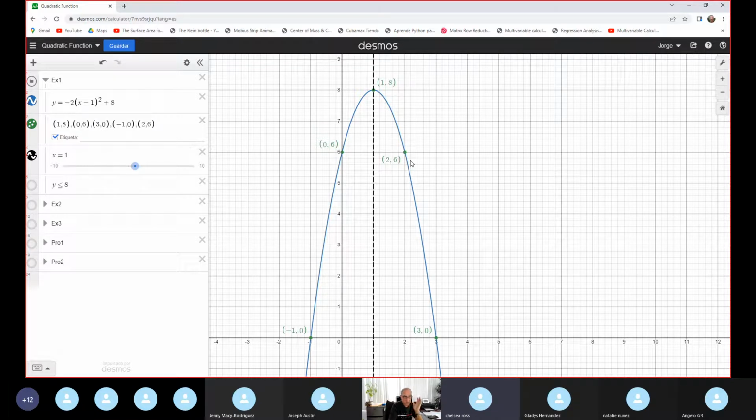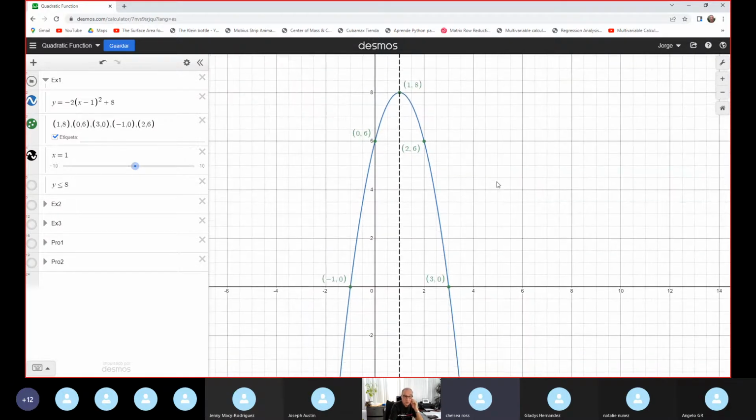Suppose another typical question, no? Determine domain and range of that function. Well, it's easy because domain is all real numbers. Remember, domain is the set of the x values in which the function is defined. And the function is defined in all real numbers because we have no restriction.